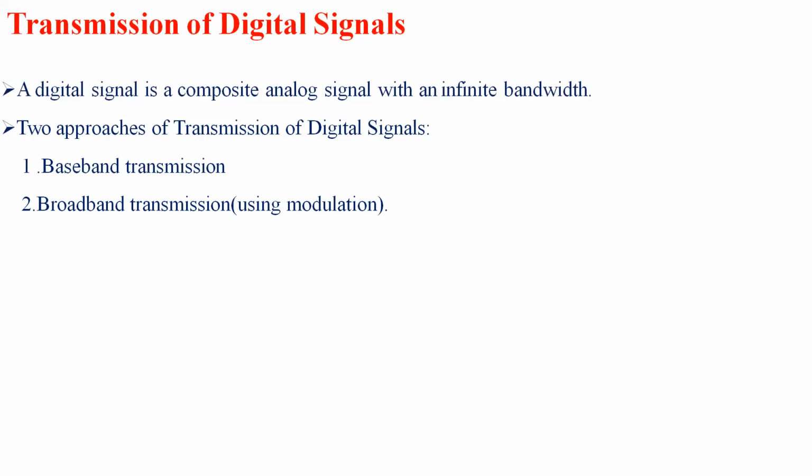If I want to transfer data from point A to point B, I'm going to go with these two approaches, that is, baseband transmission or broadband transmission. Broadband transmission is also called modulation transmission. Let's discuss baseband and broadband transmission.